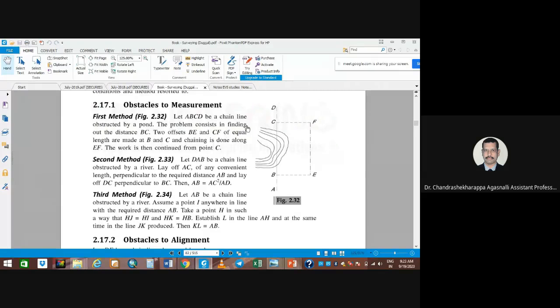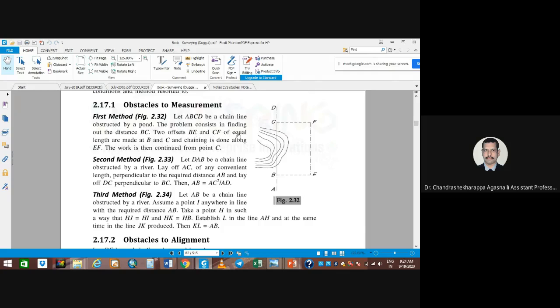The problem consists of finding the distance of BC because there is a pond. You cannot traverse it, you cannot cross it. How are we going to do that? Offset BE and CF. You have to measure BC, but we cannot measure directly because there is a pond, so you take the offsets BE and CF. Then you can proceed.